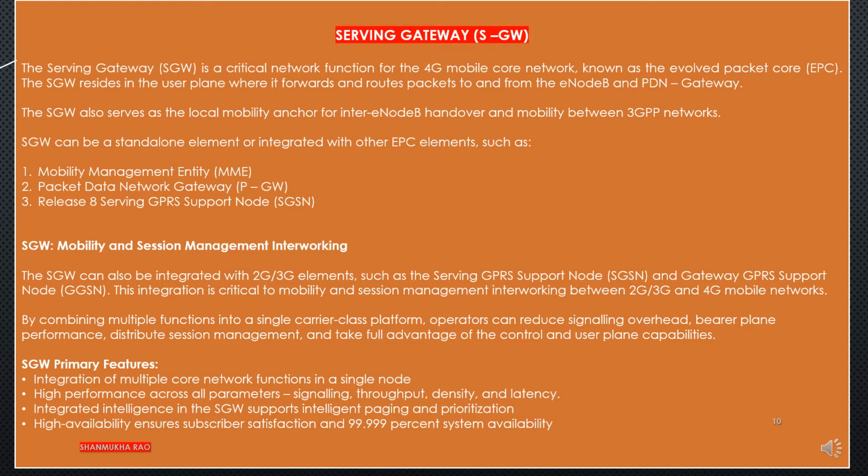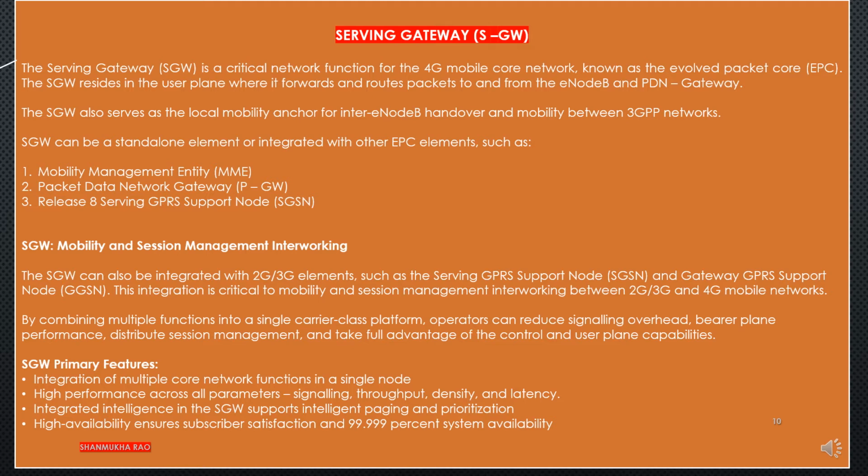This integration is critical to mobility and session management interworking between 2G/3G and 4G mobile networks. By combining multiple functions into a single carrier class platform, operators can reduce signaling overhead, improve user plane performance, distribute session management, and take full advantage of the control and user plane capabilities.